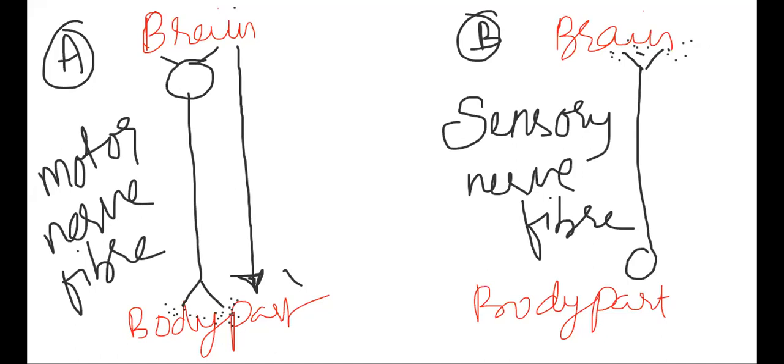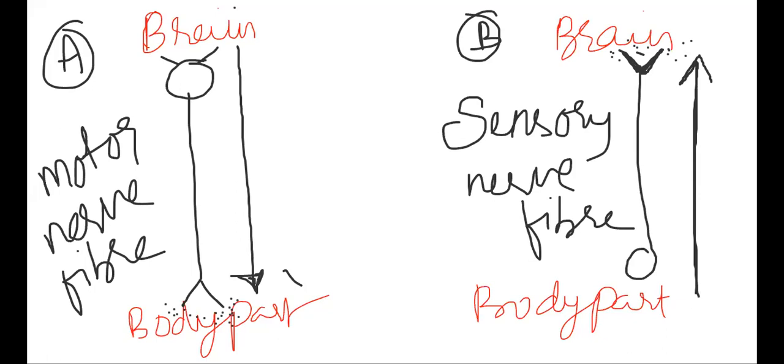And in this case, some information from the body parts is going to the brain. Remember this symbol, something like a mouth opened and talking to the brain, saying something to the brain. So from body part to the brain, what do you say?